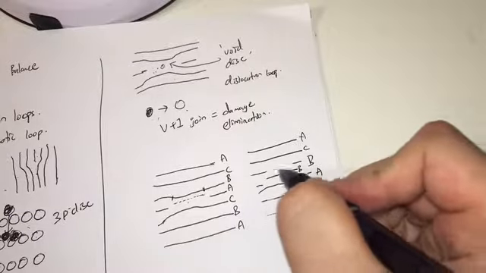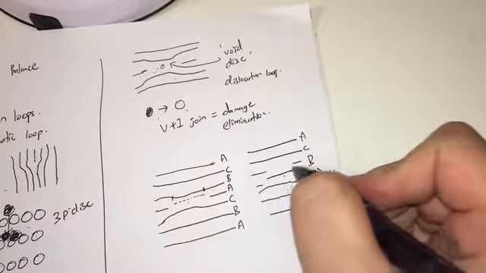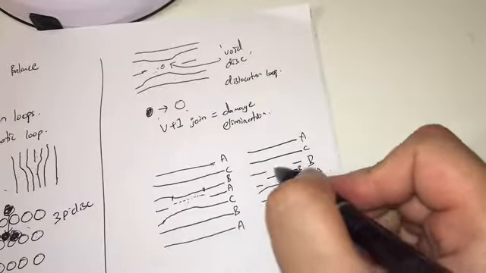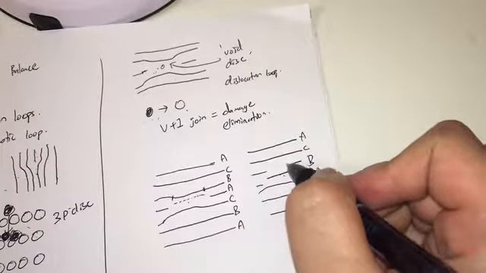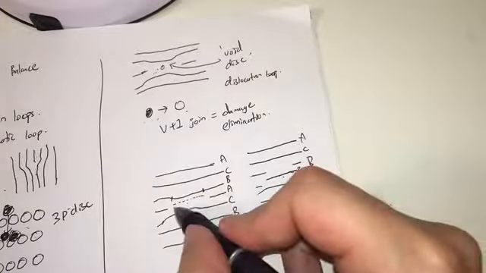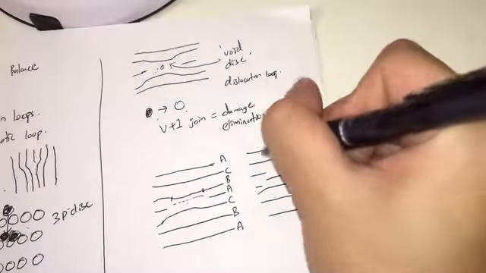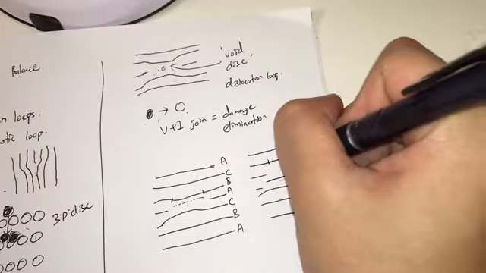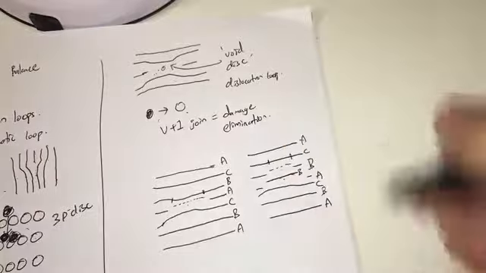And to lessen the strain, it's actually a slightly smaller chunk of B that is moving down to fill this void here. So this void here, this dislocation loop, it's a bit smaller than the dislocation loop over here. So you can imagine the same thing starts to happen. C is drawn into this part, so it starts to form here.